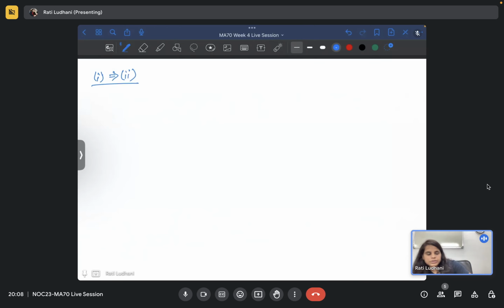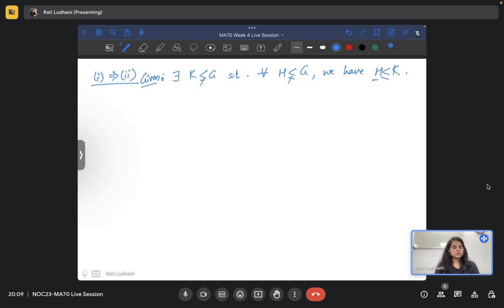The given condition is there exists K subgroup of G such that for all H proper subgroups of G, H is a subgroup of K. Now I will not say proper here because I can choose H to be K, because that is also a proper subgroup, so that's okay.